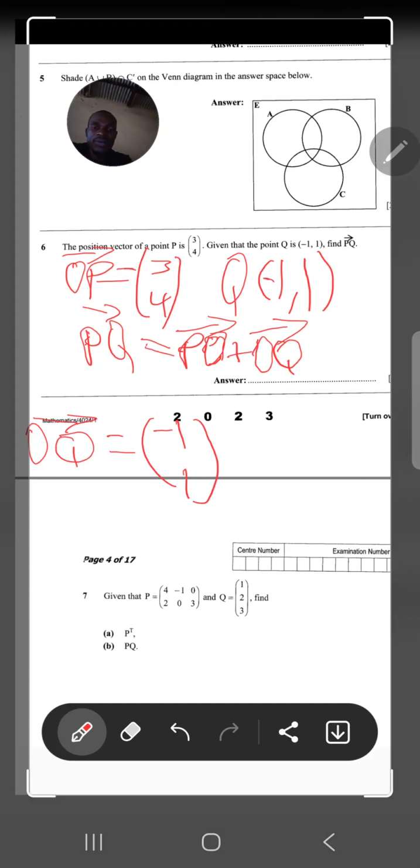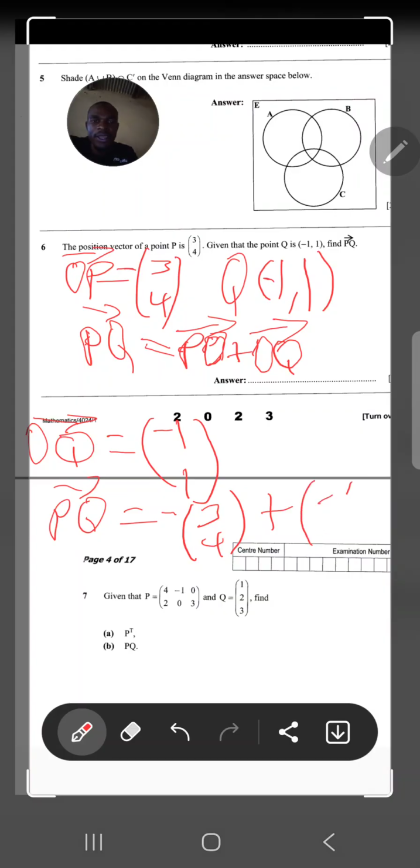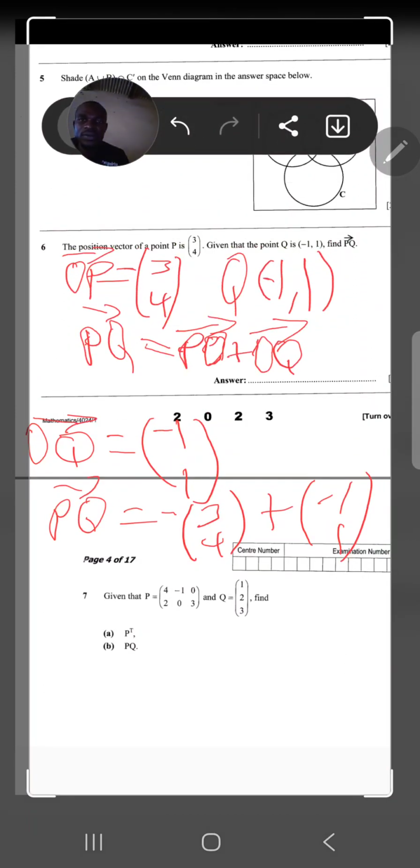So for us to reach here, vector PQ will be equal to PO, but we have OP, meaning we are just going to negate this one. It will be -3 and 4 plus OQ, which is -1 and 1.